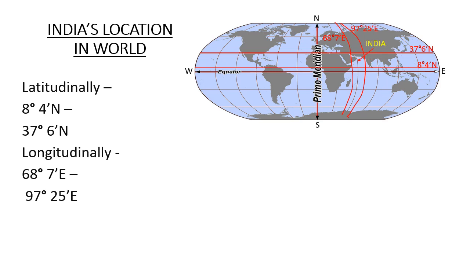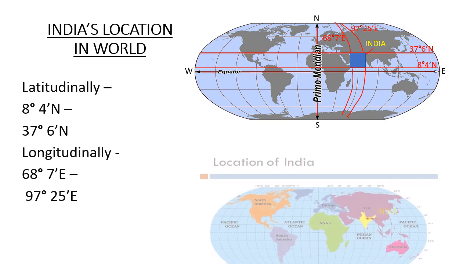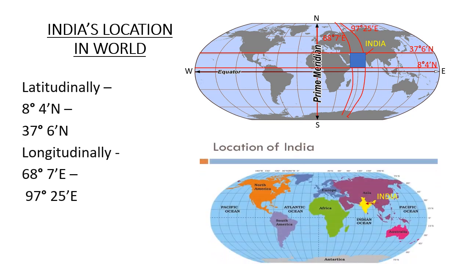So we can say India lies in the northeastern part of the world. See the intersecting points between these latitudes and longitudes, making a grid. This box represents the location of India. India is located in the northeastern part of the world.